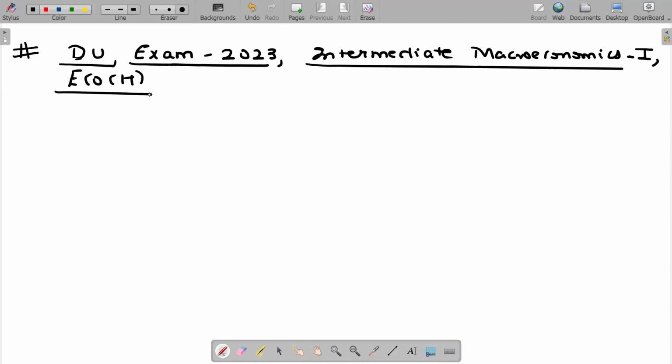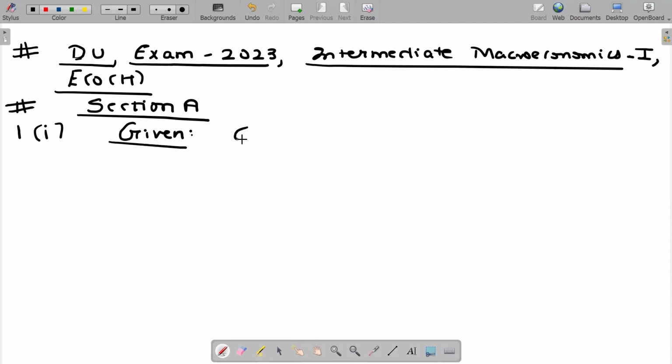Okay, so let's look at section A of this question paper, within which I am solving problem 1, part 1. We are given that the economy is closed and there has been a decrease in taxes.